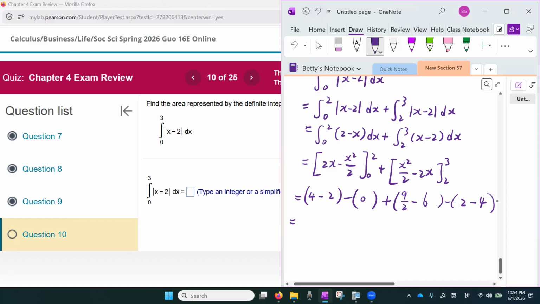Okay, so we have 4 minus 2 is 2, plus 9 over 2 minus 6, plus 2. 2 minus 4 is negative 2. Negative 2 plus 6 is positive 4, so 9 over 2 minus 2. That's what I get.